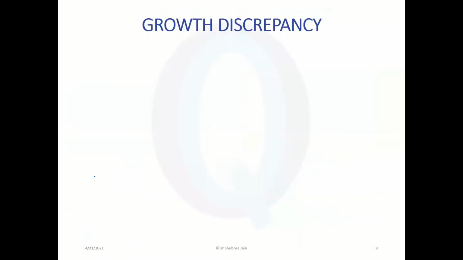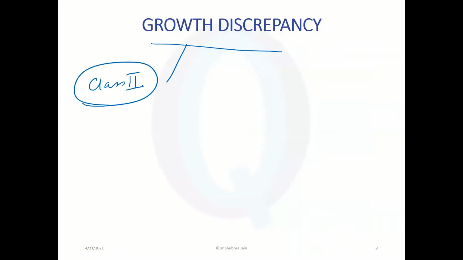Okay. Now I will discuss what happens when there is a growth discrepancy. Out of all the malocclusions, class 2 is regarded as due to growth discrepancy, and class 3 is more genetic, though recent studies show otherwise, but let's not discuss recent studies. So class 2 is because of growth discrepancy.